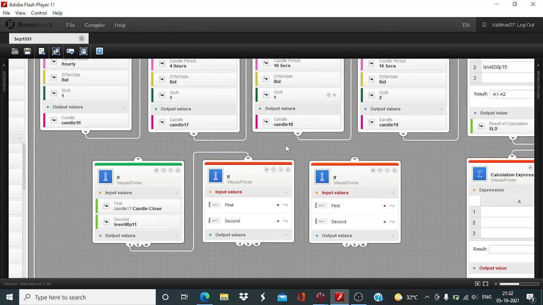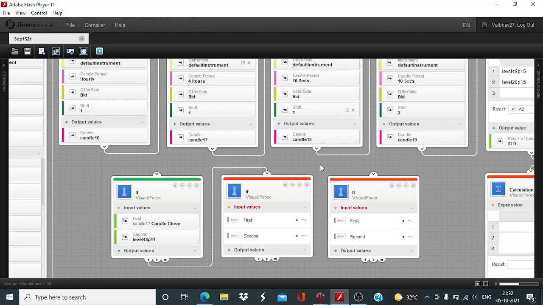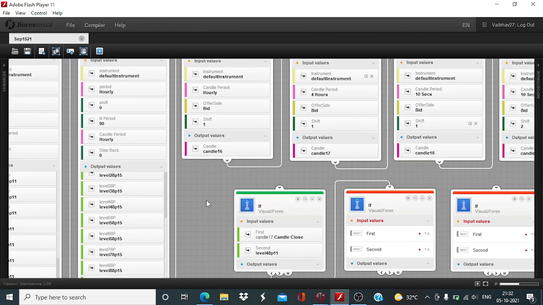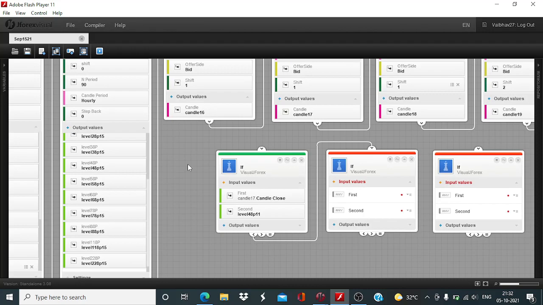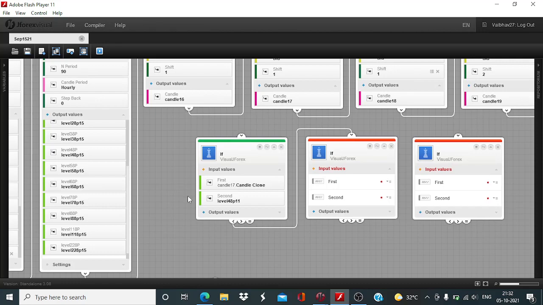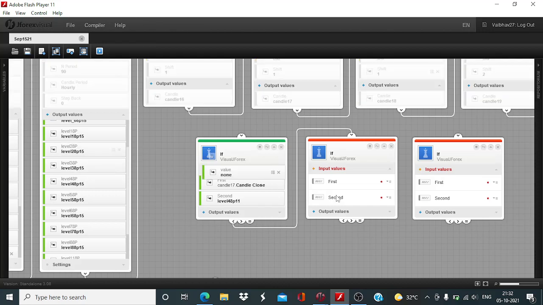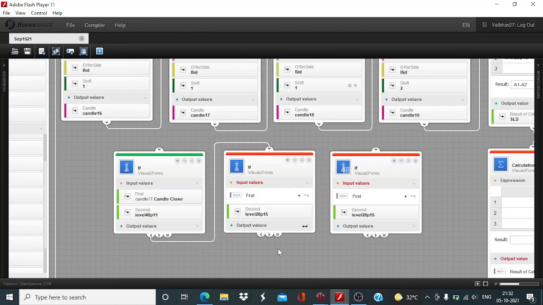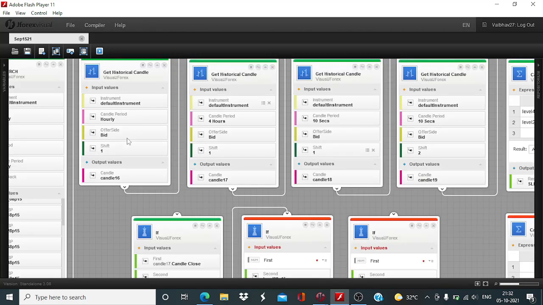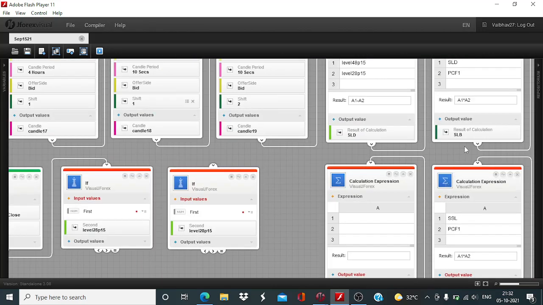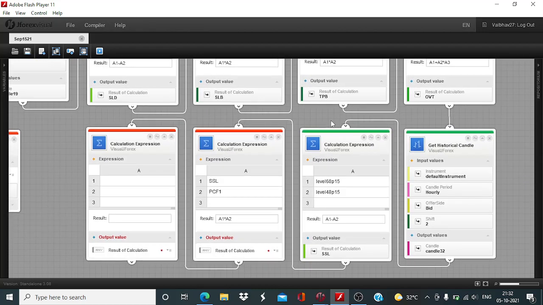And now we have to define the conditions involving the hourly Murrey channel output values. We need to simply compare its second of 8 pivot point output value. So we have to take this level 28P15 as the common input in both of these blocks and compare it to the closing values of candle 16 and candle 32.